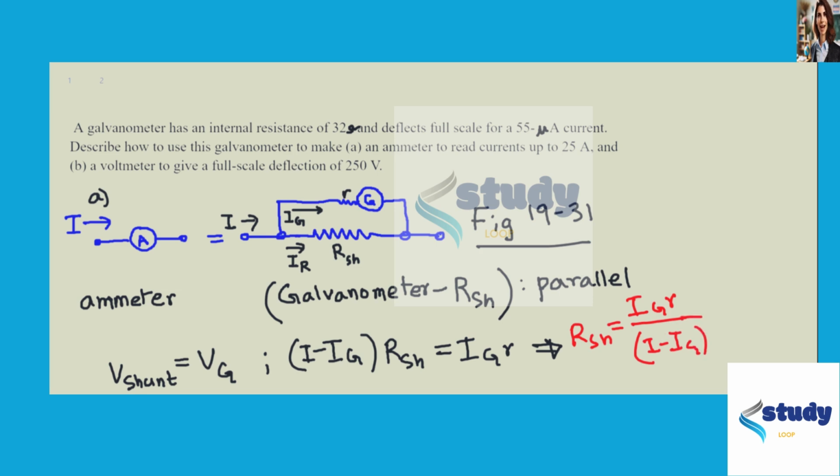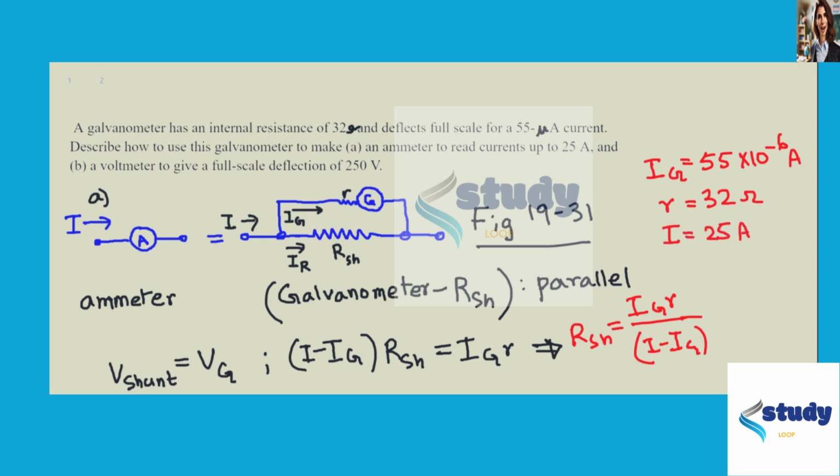Right. So our Ig is given, which is 55 microamps. So we convert that to amps. Then our little r is 32 ohms, and our total current I is 25 amps.